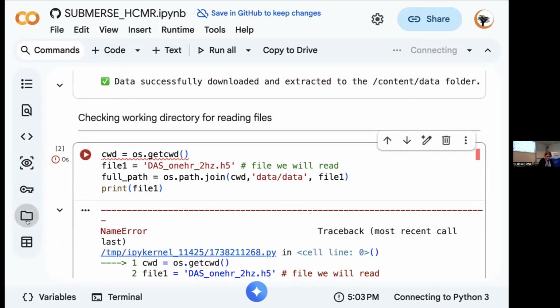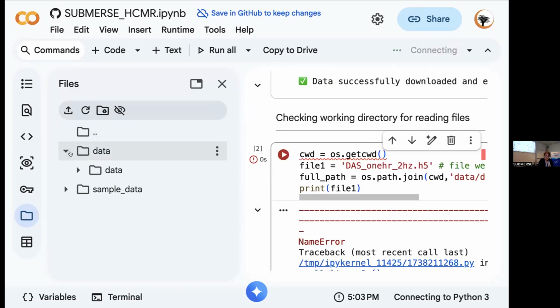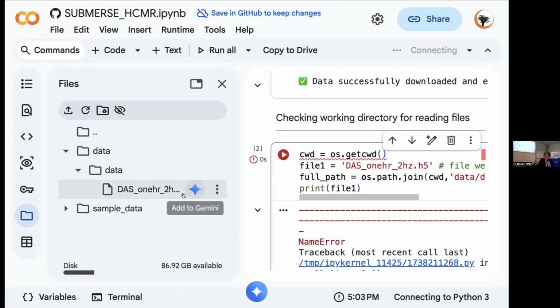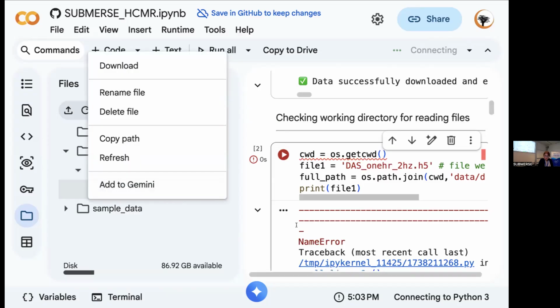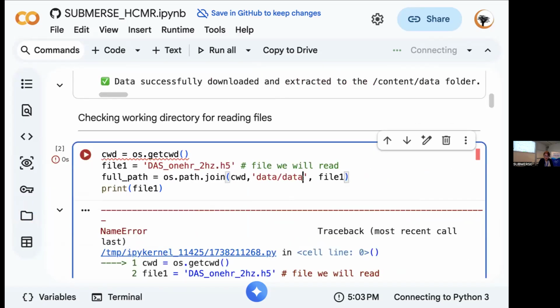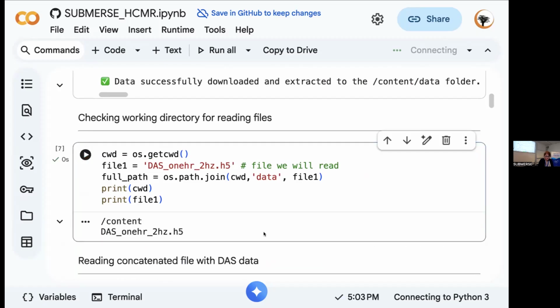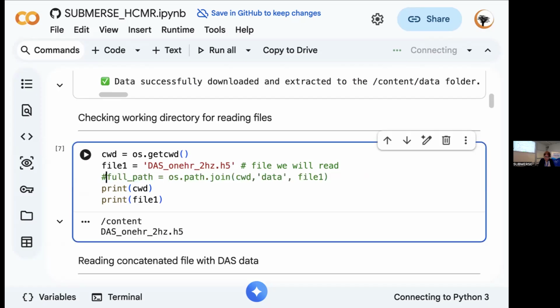No, I think it's, let me see where it is, I tested this before. I'm going to find out where it is. I have to change this.